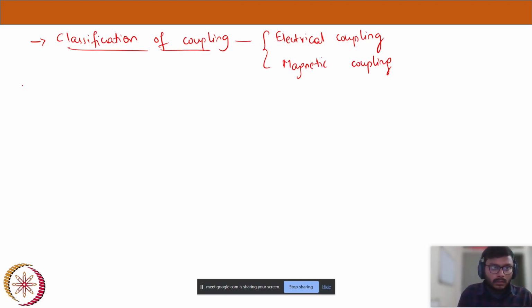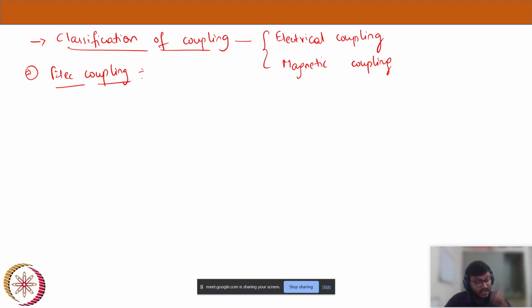First one, electric coupling. When does this electric coupling happen? Yesterday we saw this kind of coupling in the problem we solved, where the coils are connected in series. It means that there is a wire, a physical connection, existing between these two coils, if you remember.